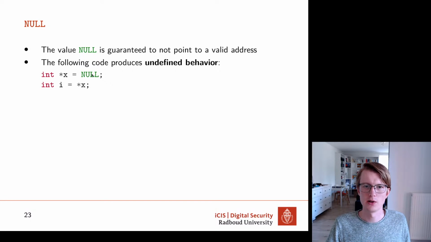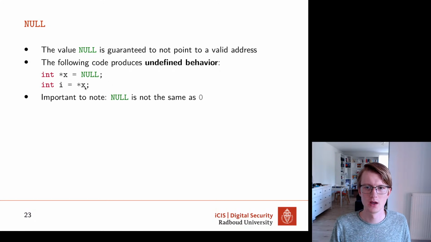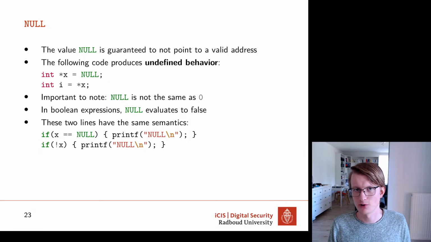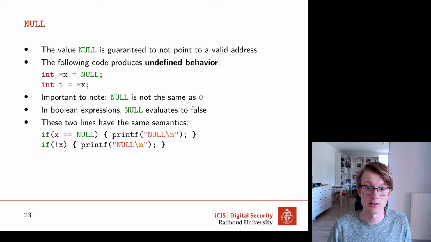Assigning the value null to a pointer is fine, but then checking what is there is undefined behavior. So again, null is not the same as 0, but for all intents and purposes, it is 0. For example, it's also required to evaluate to false. So again, one of these things that pushes it in practice to be the same as 0.